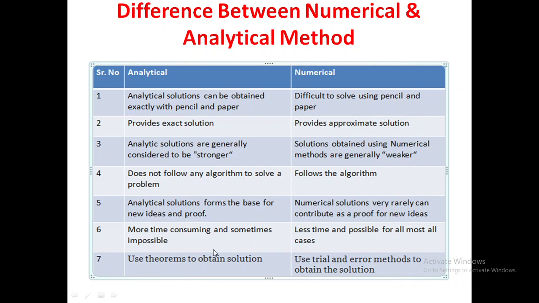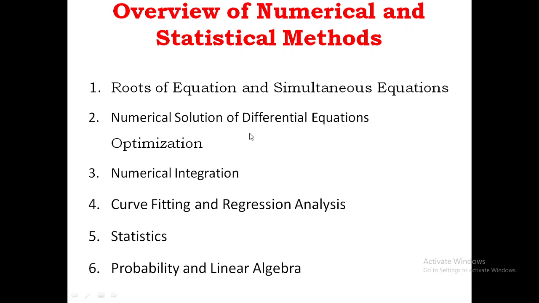Here in the analytical method you have to make the formulas. In the analytical method we use theorems to obtain the solution, but in the numerical method we use trial and error methods to obtain the solution. This is the main difference between the numerical and analytical method. You have to remember that.